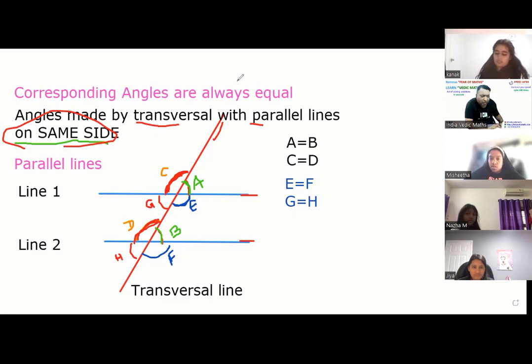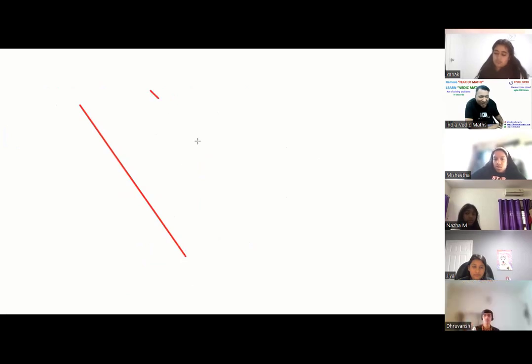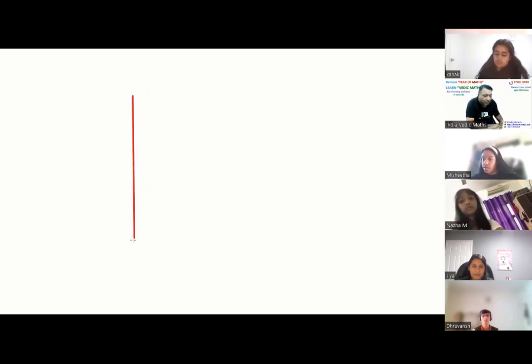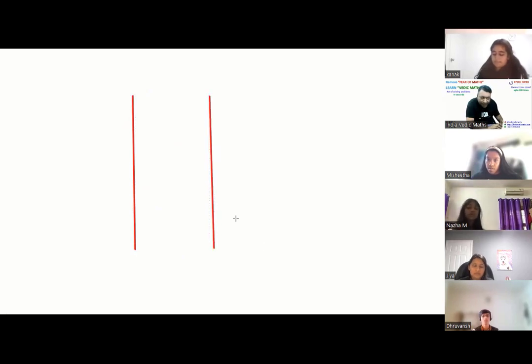Perfect. So let's do one thing now. I'm going to ask a difficult question, okay? Very difficult question. These are two parallel lines, guys, right? I can make anything. Or let me make it a little easier but difficult. So these are two parallel lines, and let's say the black line is a transversal.